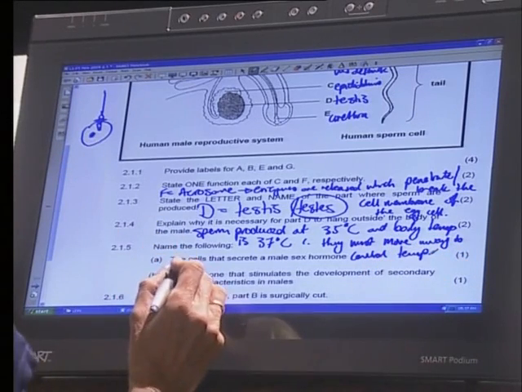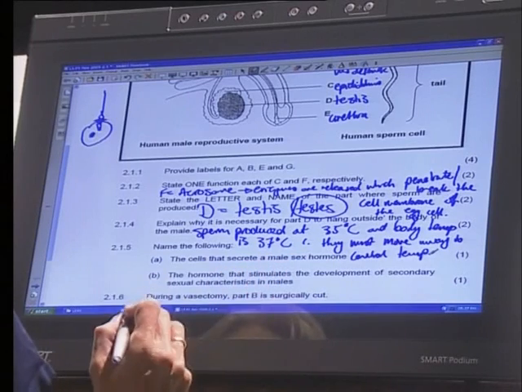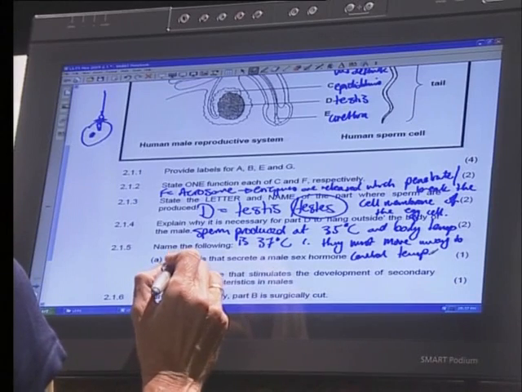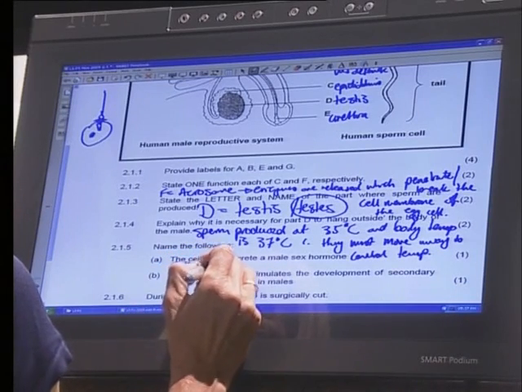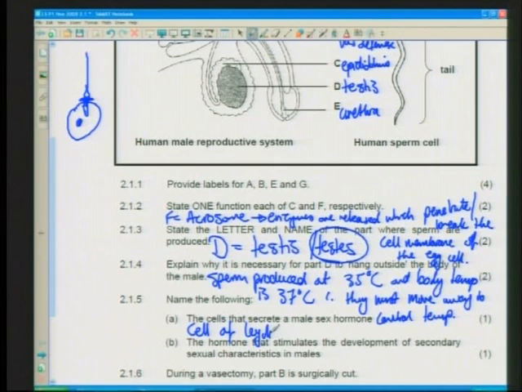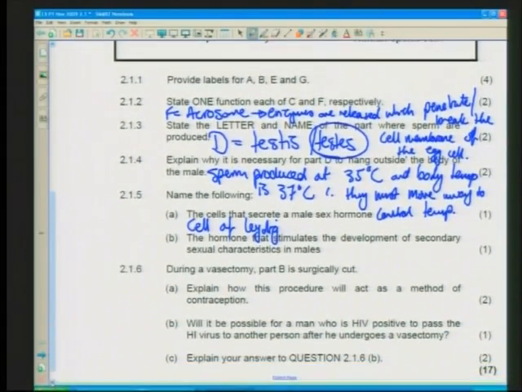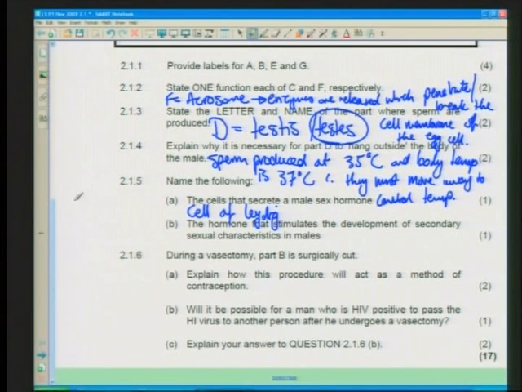All right, then. The cells that secrete the male sex hormone. Now, what cells secrete the male sex hormone? The cells of Leydig. Right, good girl. Okay, the cells of Leydig. Then, the cells of Sertoli, what do they do?